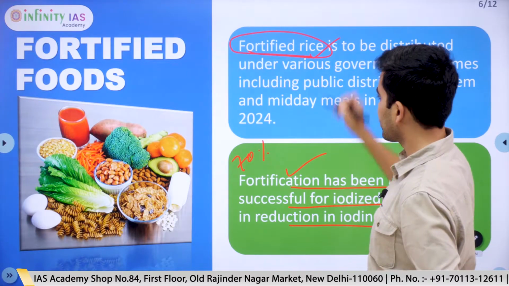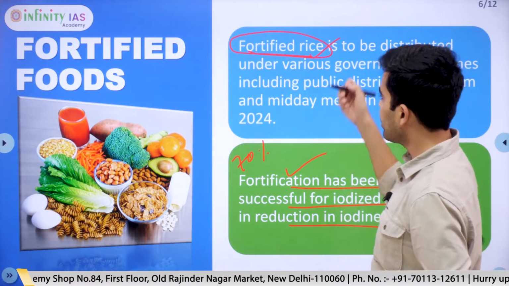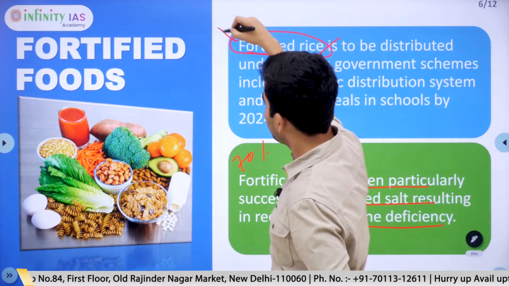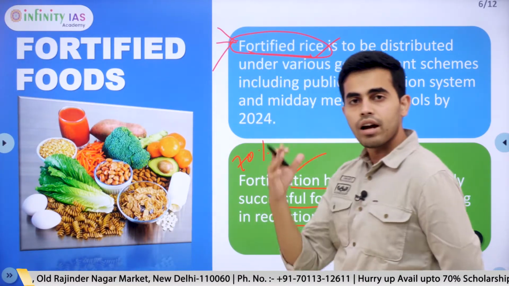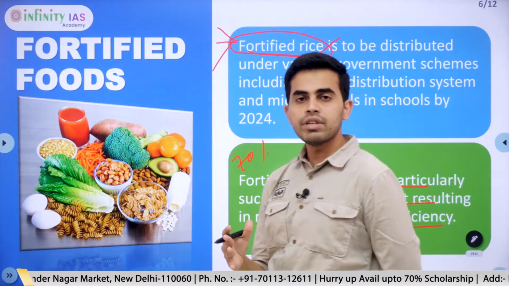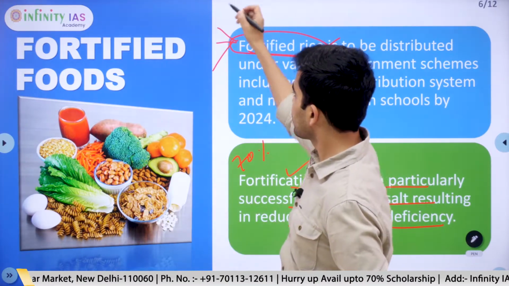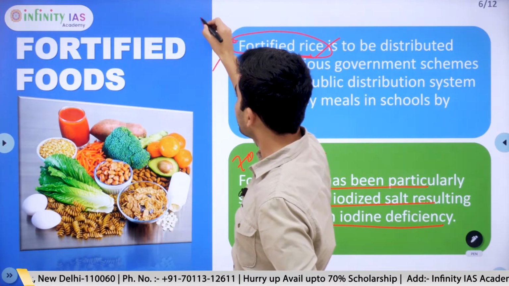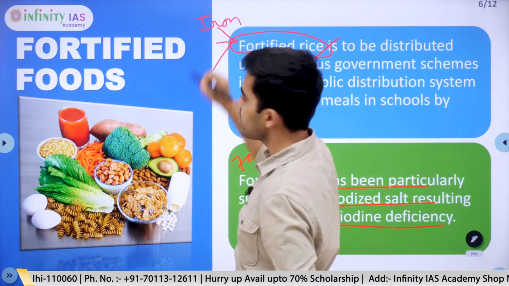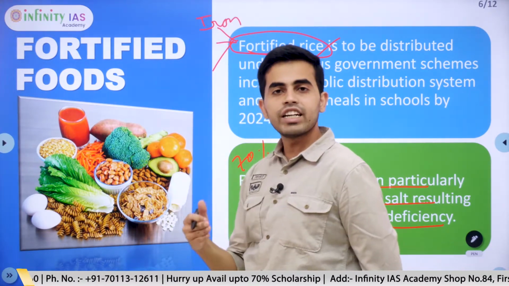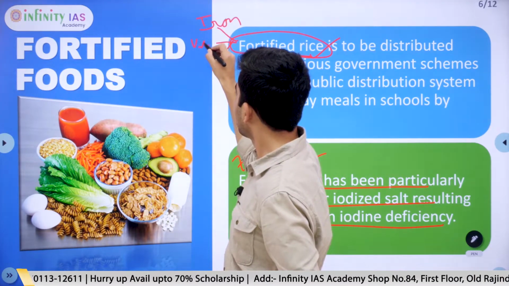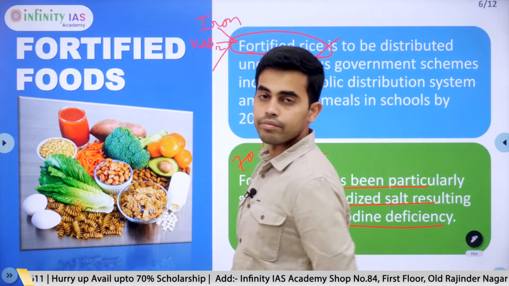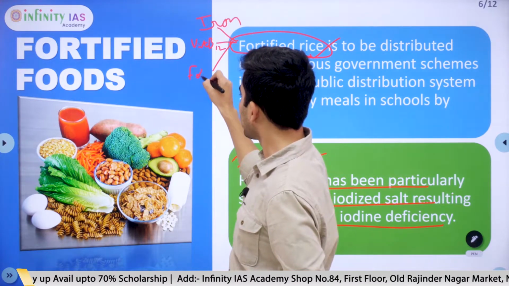What is fortified rice? Fortified rice has been added with 3 micronutrients. We all remember micronutrients are both vitamins and minerals. So what is the mineral added? The mineral added is iron. What are the vitamins added to fortified rice? Vitamin B12 and folic acid.